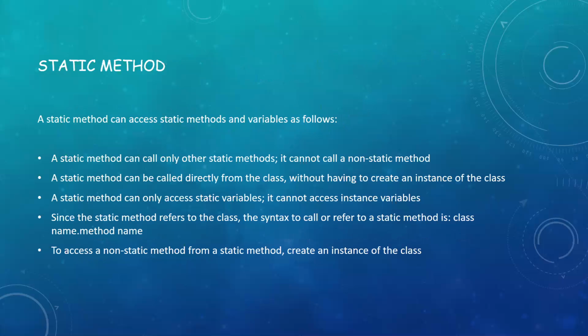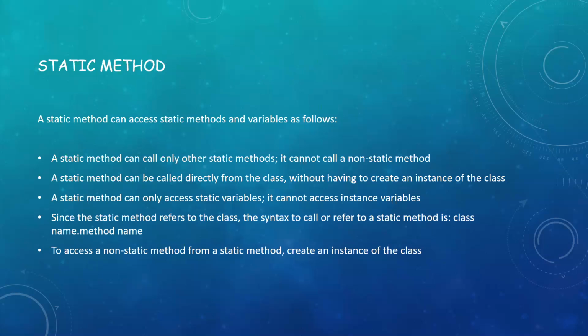A static method can access static methods and variables as follows. A static method can call other static methods. It cannot call a non-static method. A static method can be called directly from the class without having to create an instance of the class. A static method can only access static variables.